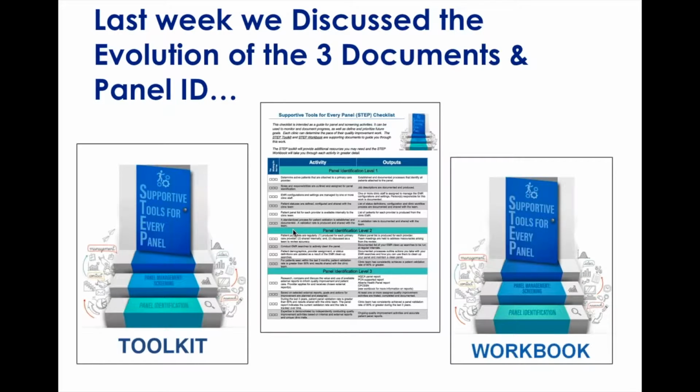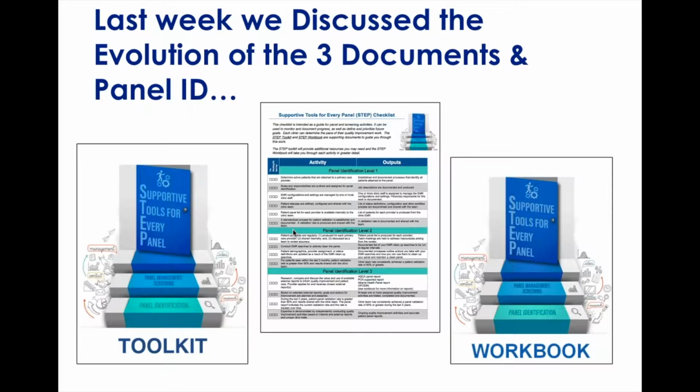So last week we discussed the evolution of the 3 documents. Mia told you where they came from and how we started with just a toolkit, moved on to condensing that into a checklist, and then went into creating a workbook. That work started with the Highland Primary Care Network, and then the 7 Calgary area PCNs took on the further development and really did the testing for it.